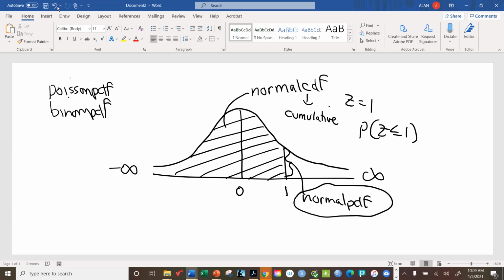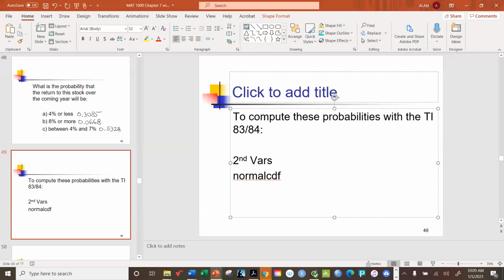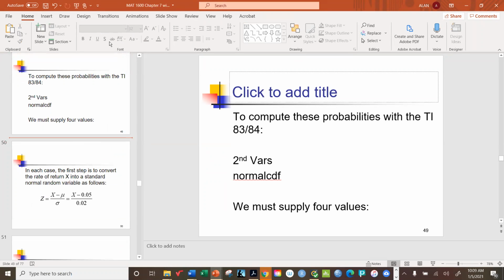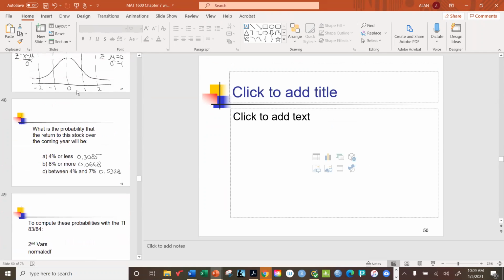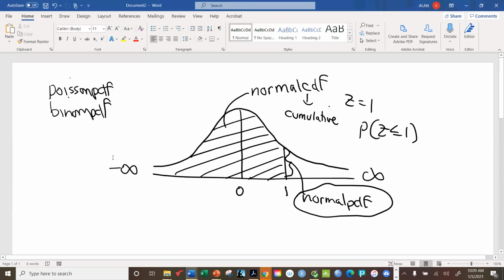All right, anyway, now in order to use this normal CDF function, we must supply 4 values. Okay, now, keeping in mind that all these normal probabilities are calculated as ranges. So let's just go back to this one for a second. When I calculate this probability, in principle, what I'm actually doing is this.